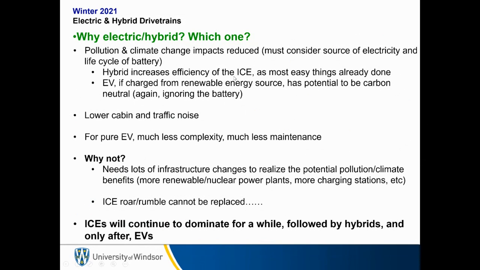So hybrid increases the efficiency of the internal combustion engine. This is really important because in isolation, most everything that can be done to increase internal combustion engine efficiency is already done. We've already looked at downsizing internal combustion engines. We've already looked at turbocharging them. We've already looked at variable cam timing. So all the things that can be easily done to an internal combustion engine to improve its efficiency are already done.